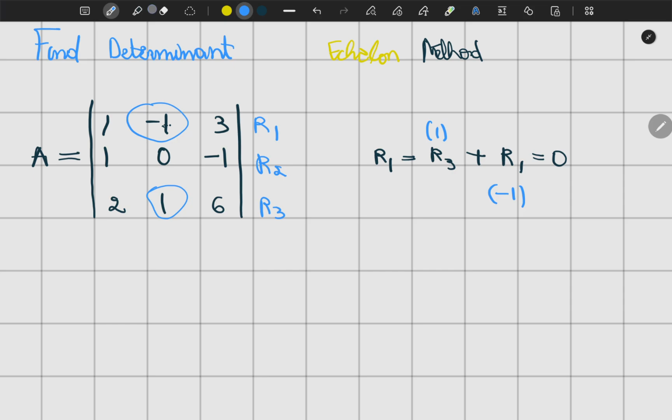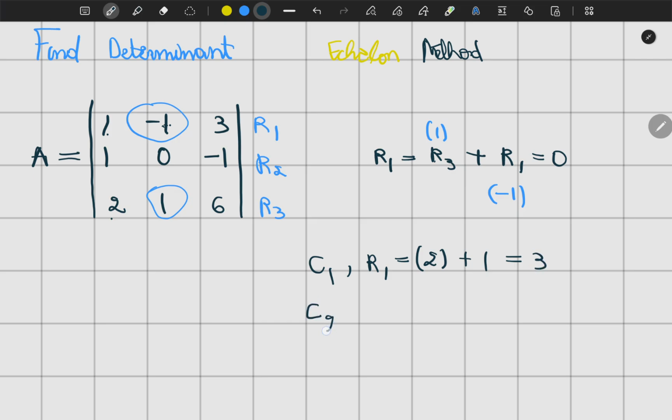We'll apply it starting from column 1, column 2, and column 3. For column 1, R1 will be equal to R3, which is 2, plus R1, which is 1. The answer will be 3.